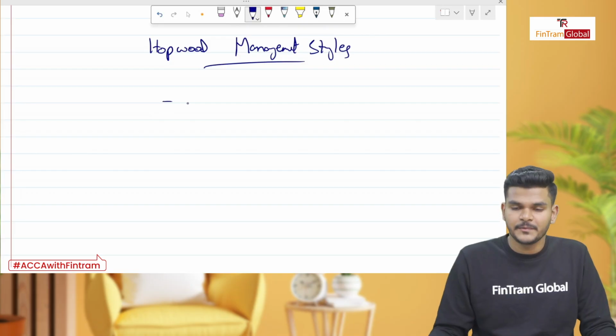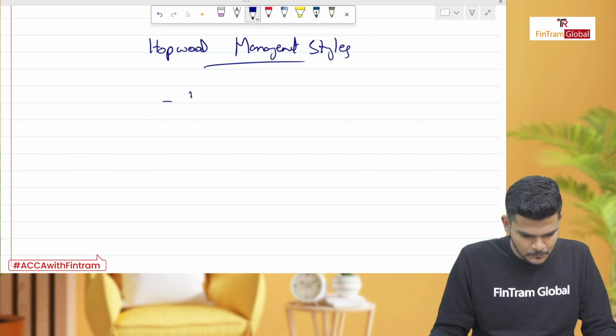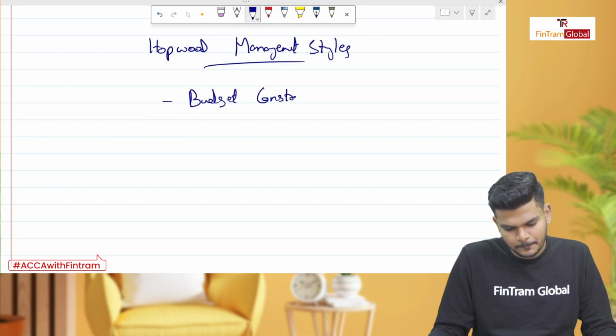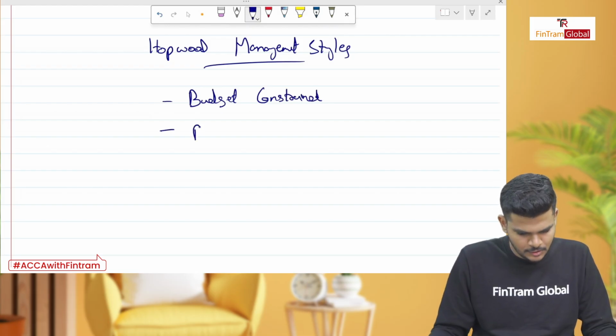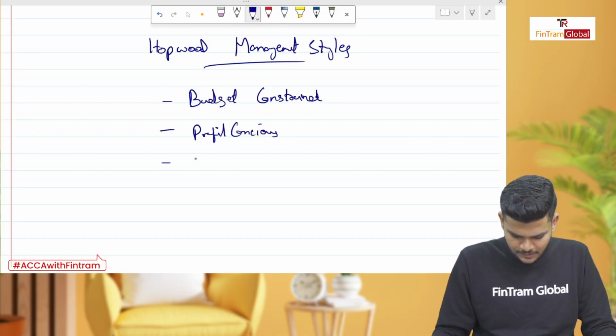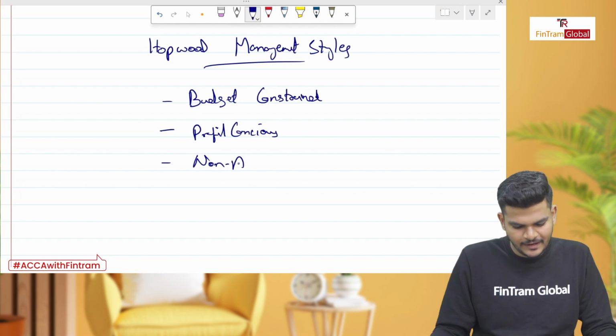There are 3 styles basically. There is the budget constraint style, there is the profit conscious style, and then there is the non-accounting style as well.